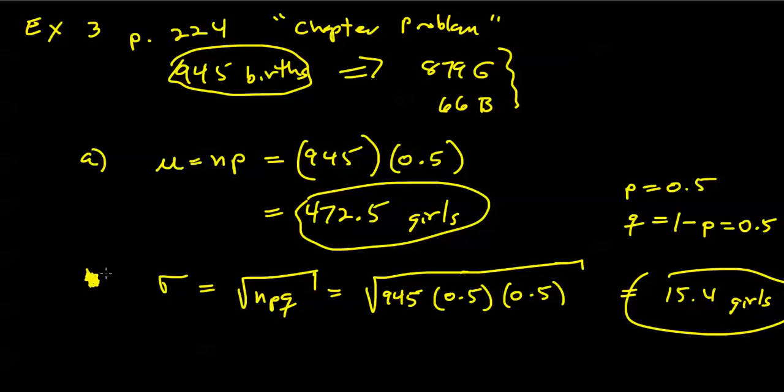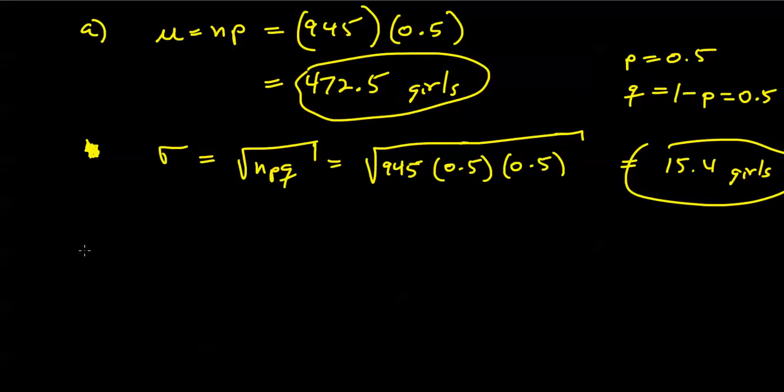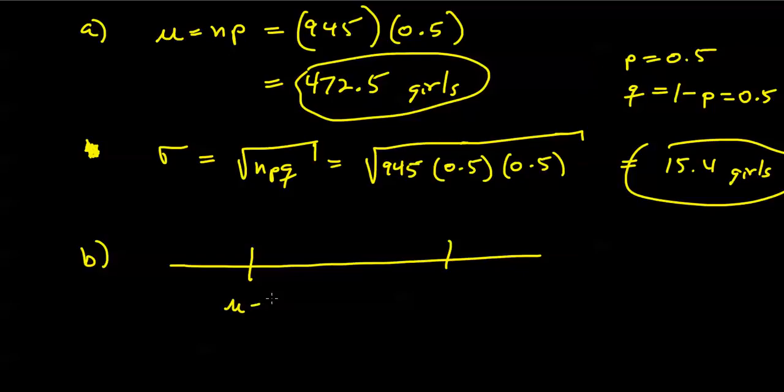Alright, part B. Use the range rule of thumb to find the minimum usual number and the maximum usual number of girls born in groups of 945 births. Range rule of thumb talks about boundaries of usualness. And again, if you're more than 2 SDs away from the mean, high or low, you are in the unusual range.